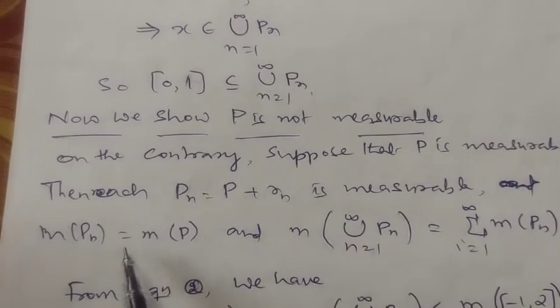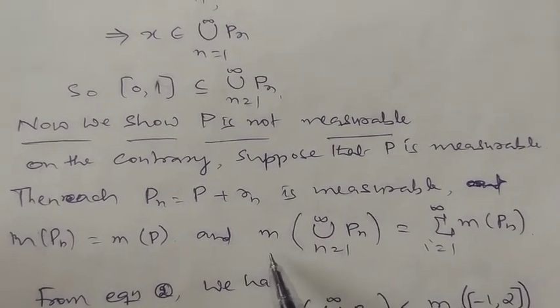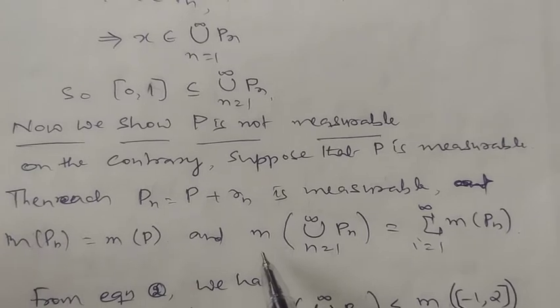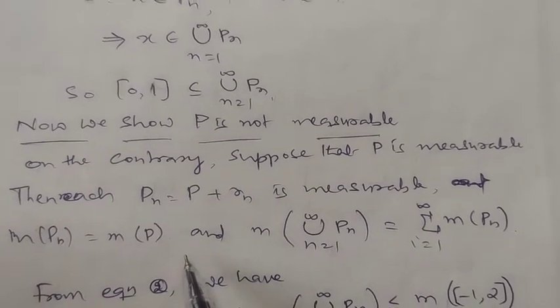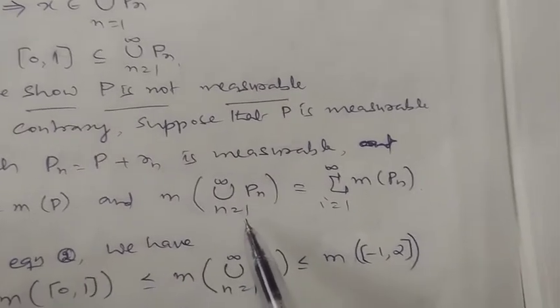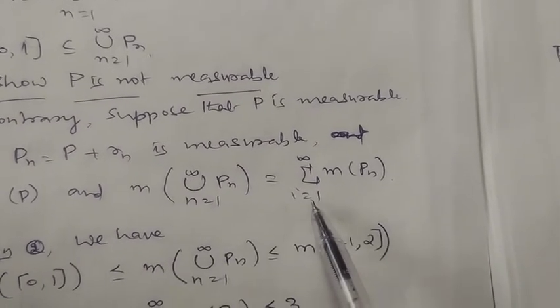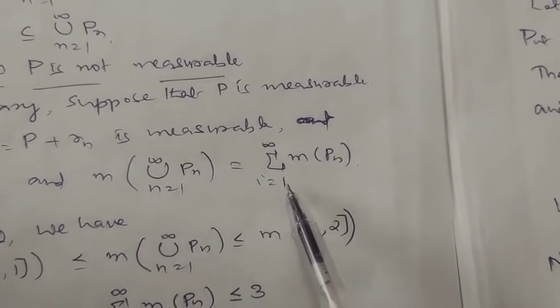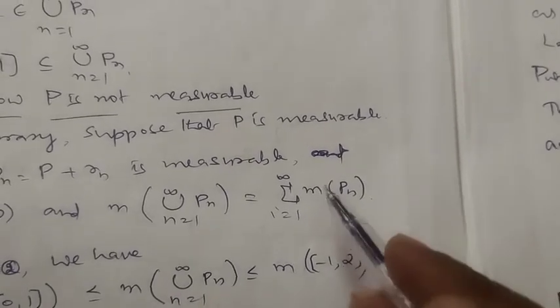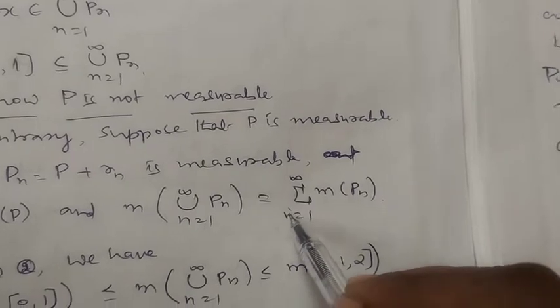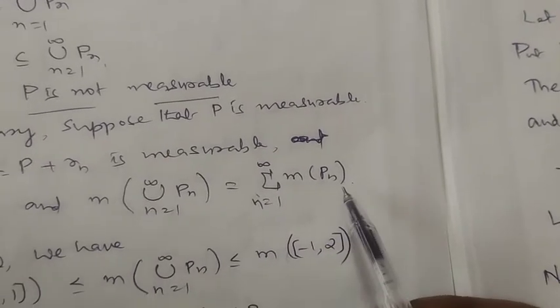So the measure of Pn is equal to the measure of P, and the measure of the union n equal to 1 to infinity Pn is equal to the summation n equal to 1 to infinity of the measure of Pn.